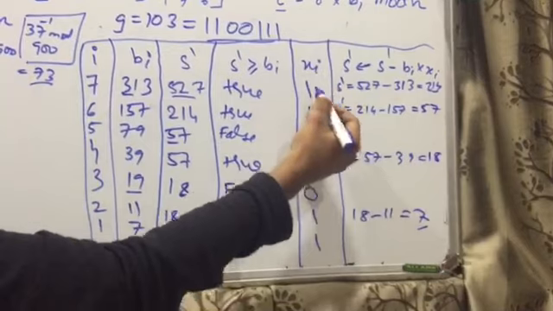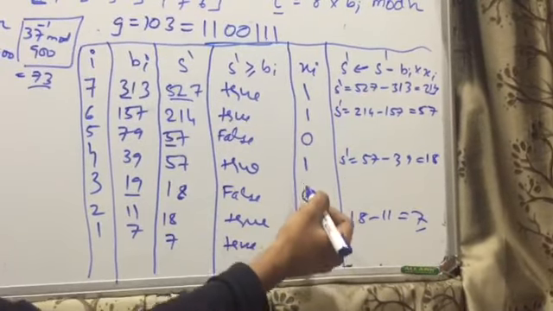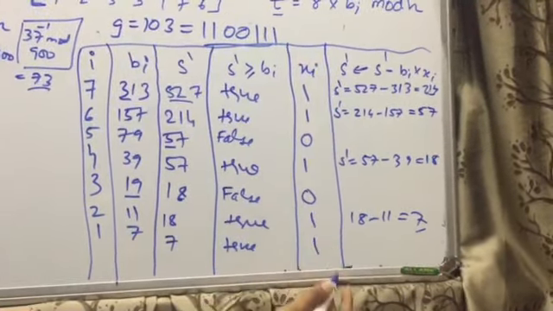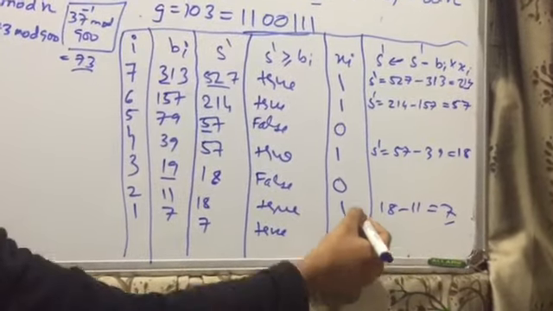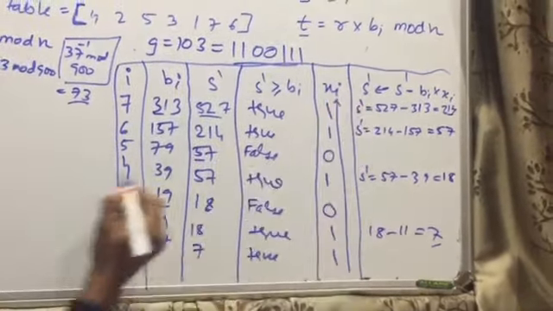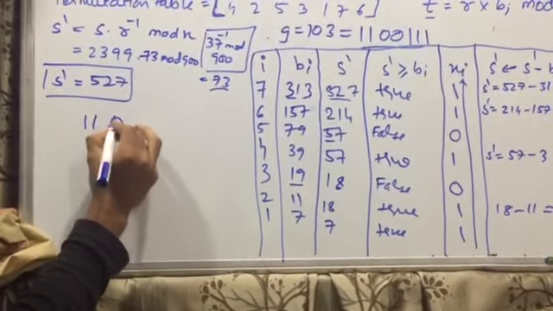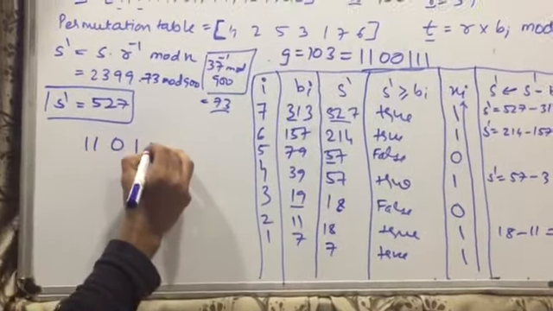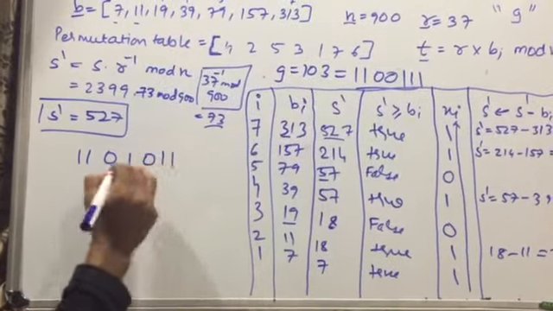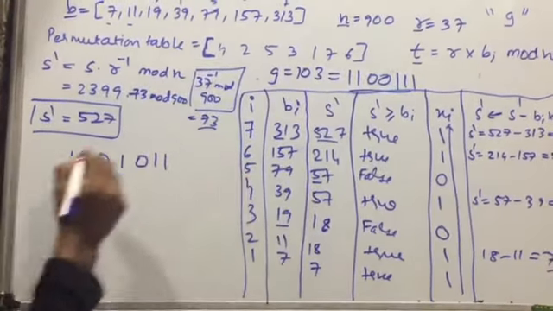You have got XI as 1 1 0 1 0 0 1 1. You have to write this in reverse order, which will be 1 1 0 1 0 1 1. Okay, this is your XI.